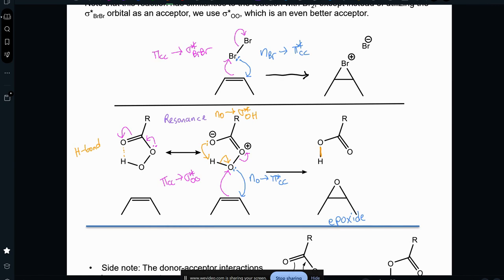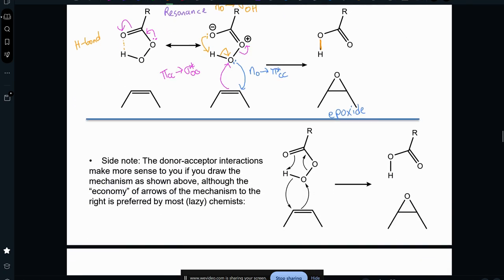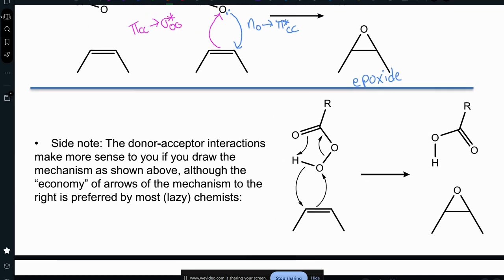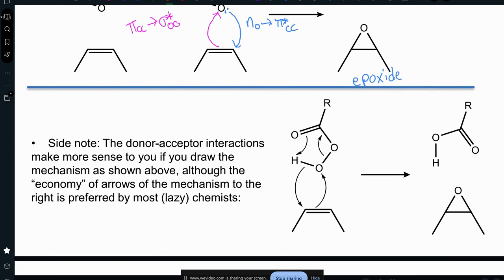Now, I will say I'm in the minority in terms of how I draw this reaction mechanism. Most chemists would draw this reaction mechanism as shown below. They like this because it has an economy of arrows. It has fewer arrows, and I don't think it really is as easy to understand because it doesn't have donor acceptor interactions that make a whole lot of sense to us.